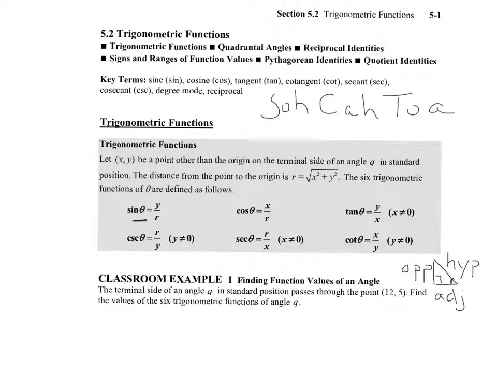So when we say we want the sine of angle theta, if I'm looking at this, sine is going to be opposite over hypotenuse. S-I-N-E is opposite over hypotenuse.